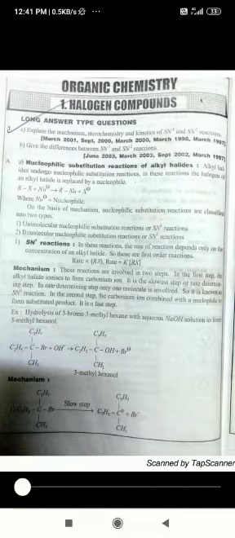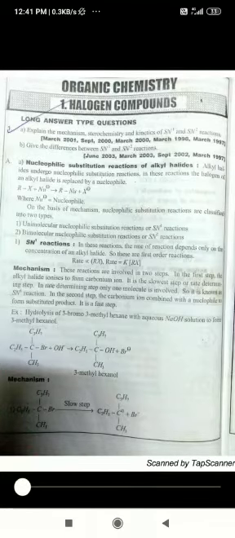So, the statement can be written in equation form in the following way. RX plus Nu minus gives rise to RNu plus X minus. That is the simplest form of the above sentence, where Nu minus is the nucleophile.